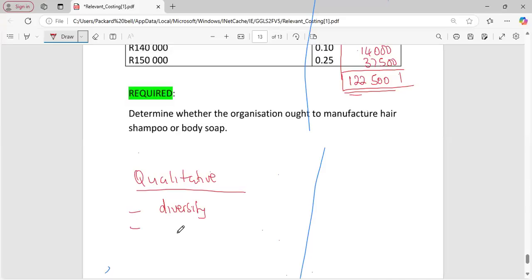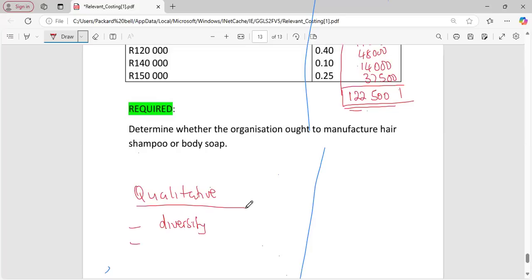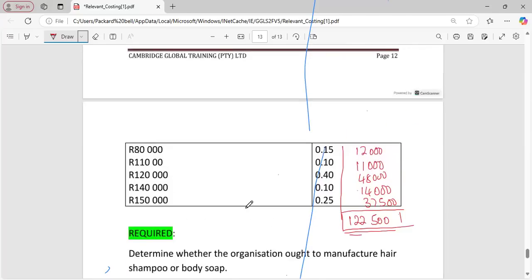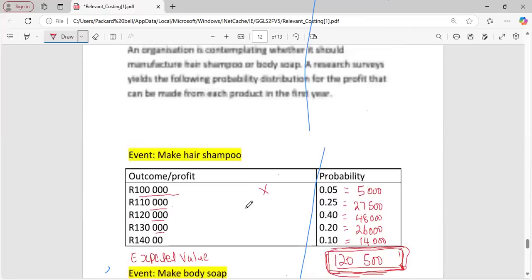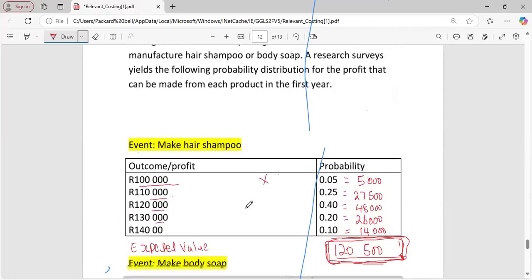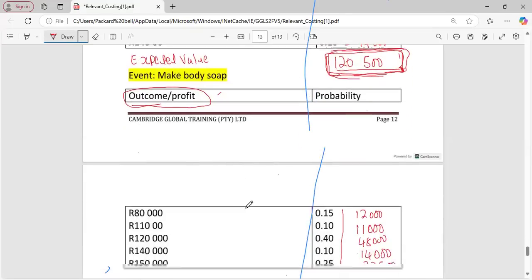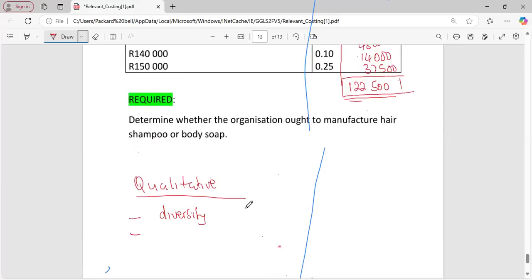What else can we look at? We can also look at, remember, those customers for hair shampoo. We should also consider our customers sometimes. We should also consider the customers for hair shampoo.